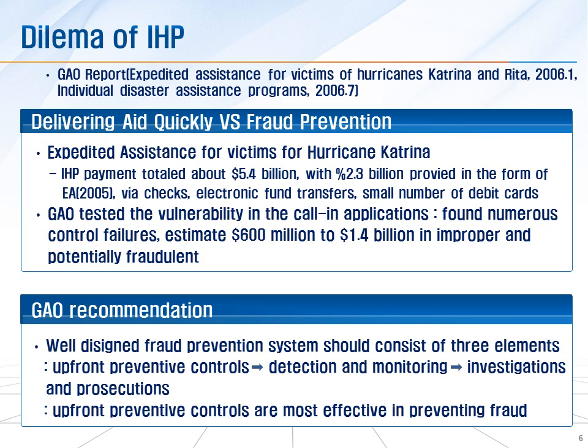Second, detection and monitoring. And third, investigations and prosecutions. The upfront preventive controls can help screen out the majority of fraud and are the most effective and efficient means to minimize fraud, waste, and abuse.